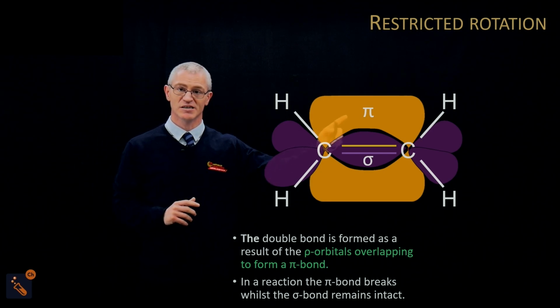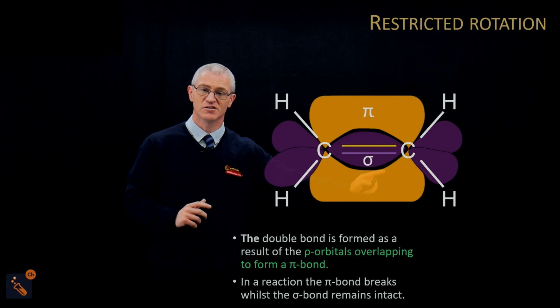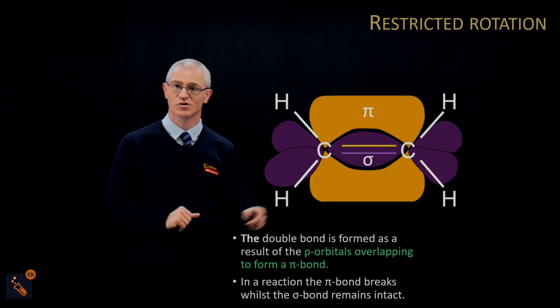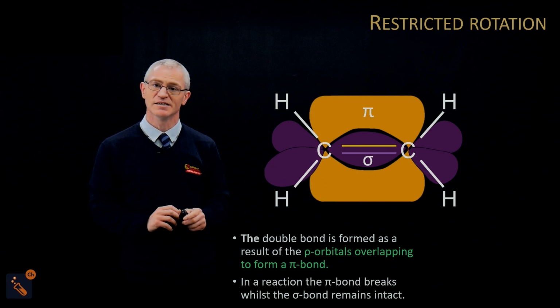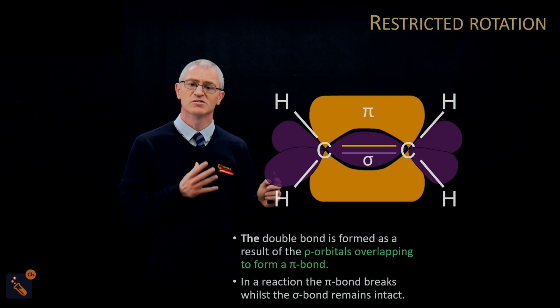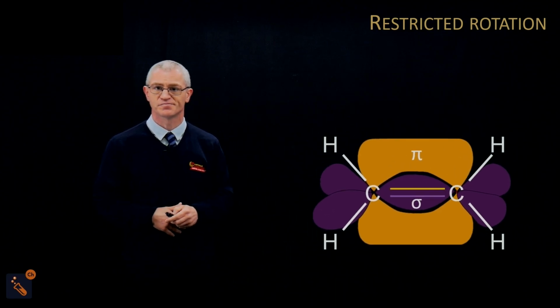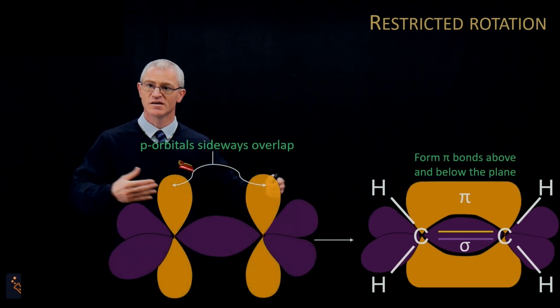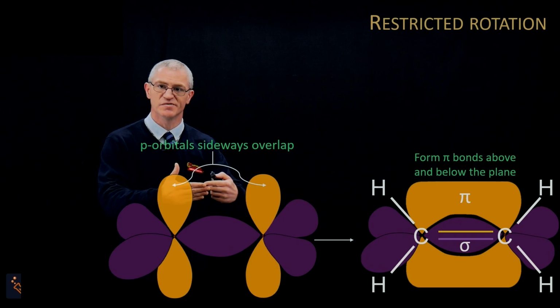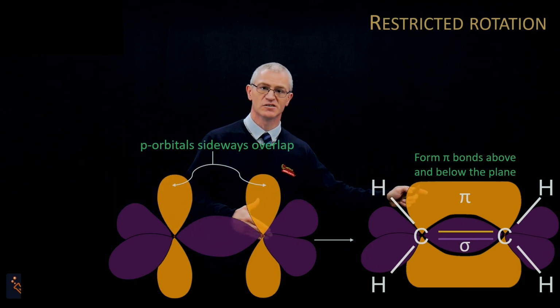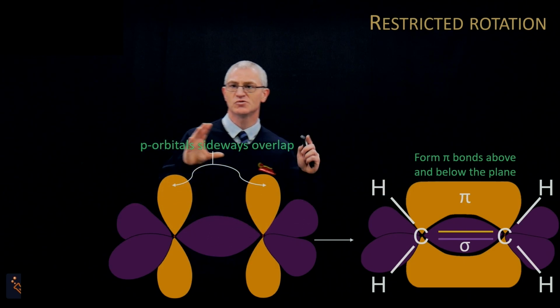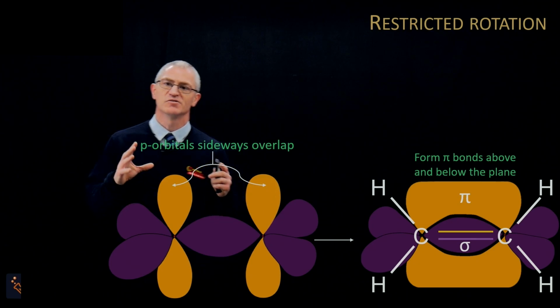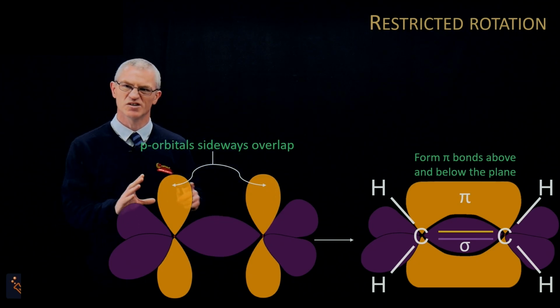And it's this bond here that breaks to form these other products. The sigma bond stays intact. So if we just summarize that, here's your p orbitals. And in the video, we showed them sideways overlapping to form this pi bond above and below. Now, I just want to talk briefly about what these orbitals actually are again.